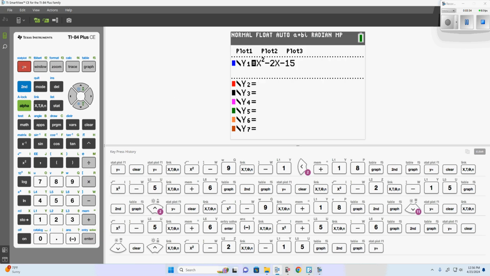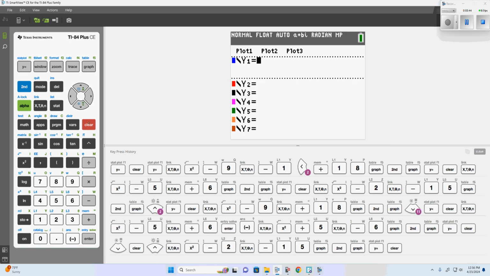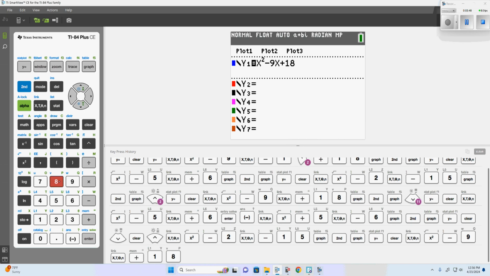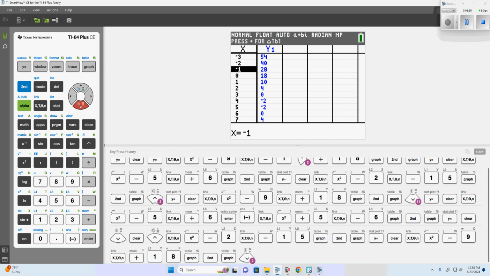So we can graph this. Now, even though we don't have x, we have b instead, that's fine. So instead of b squared, we'll say x squared minus 9x plus 18. Graph, we do have two solutions. The second graph gives us the table.